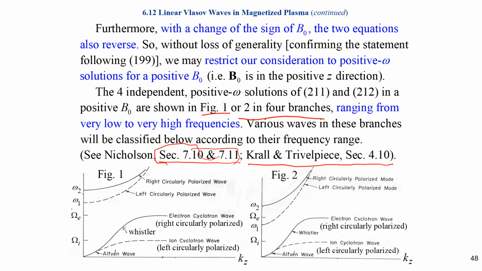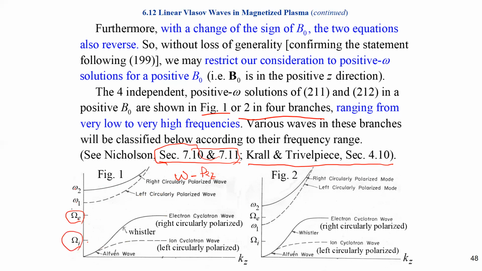Okay, so this is omega, and this is kz. This is the so-called omega-kz relation, that's the dispersion relation. Omega E is the electron cyclotron frequency.